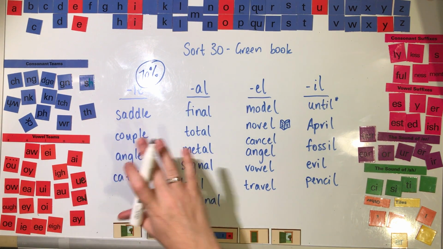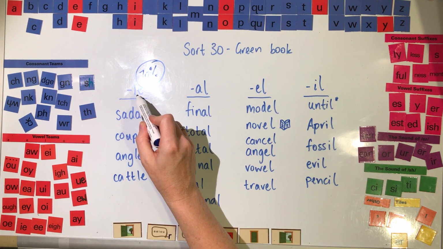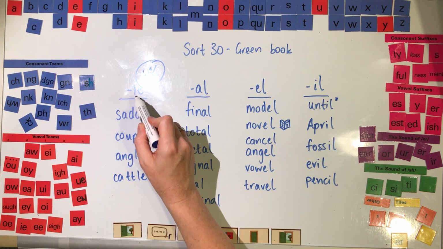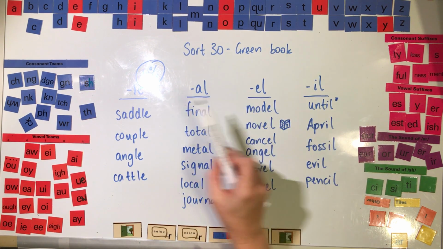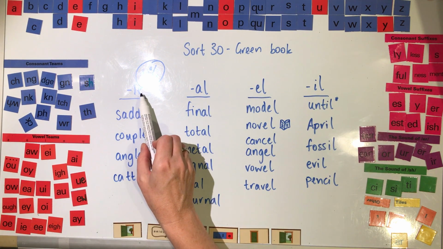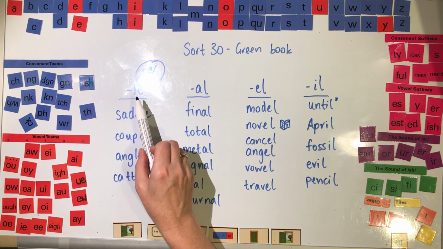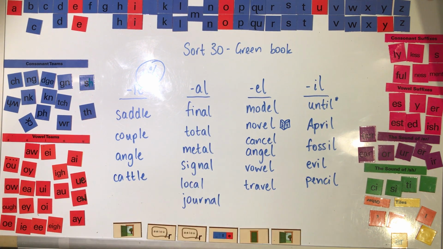So if you were going to guess when you're writing a word, guess that one, because you've got more chance of getting it right if you use the LE than with these other ones. And I've actually put them in rank order of how common they are. So if you didn't think that looked right and you were just guessing, you would drop down to your AL.